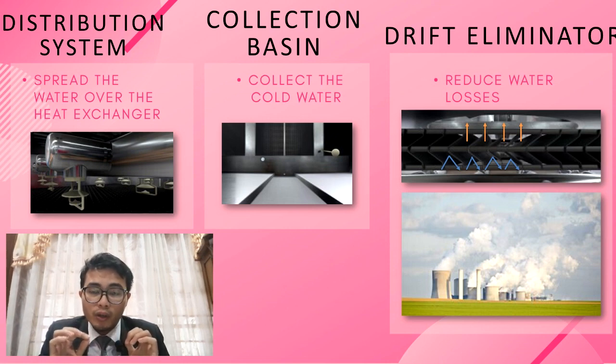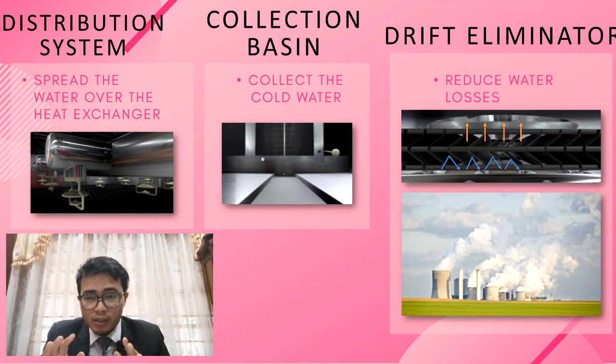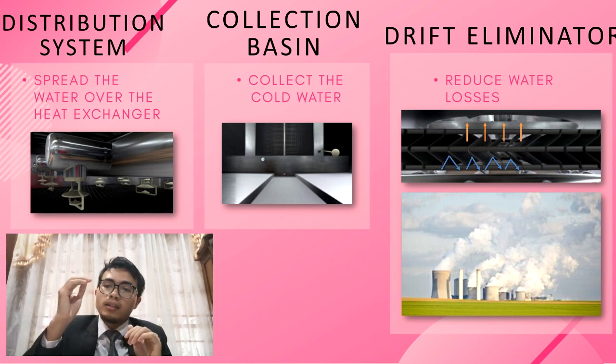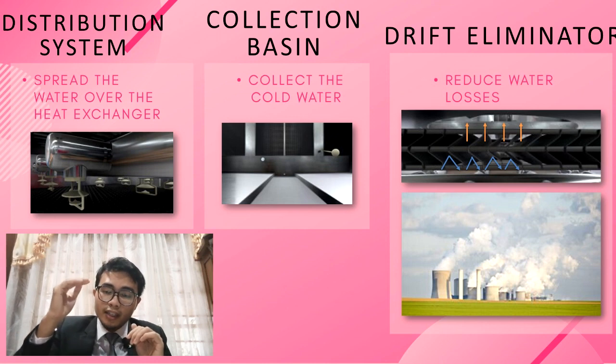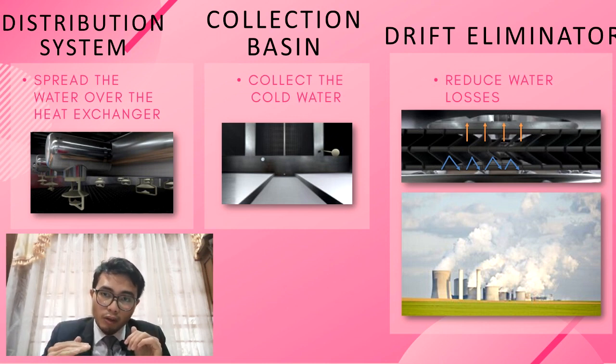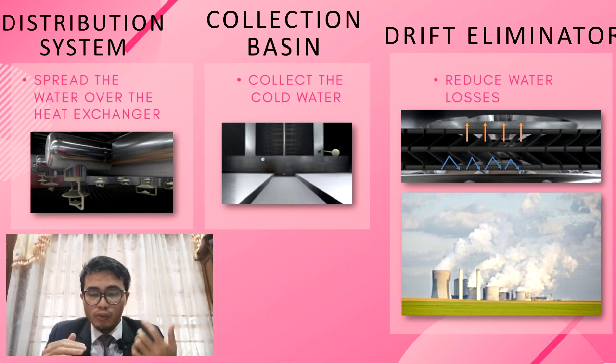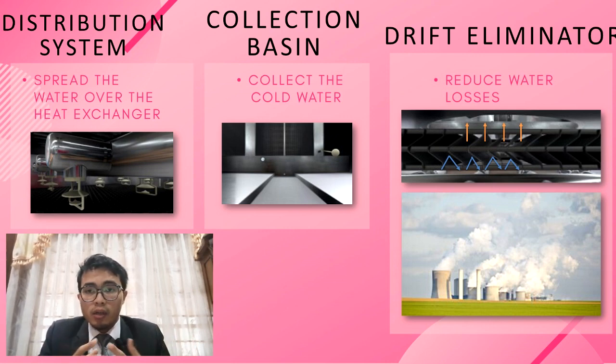The nozzle will spray the hot water onto the heat exchanger. Other than that, we also have the collection basin. The collection basin is used to collect the cool water, which is why it is located at the bottom of the cooling tower.